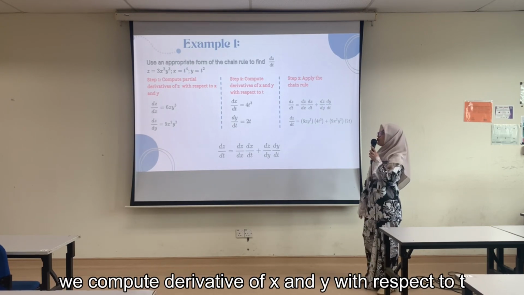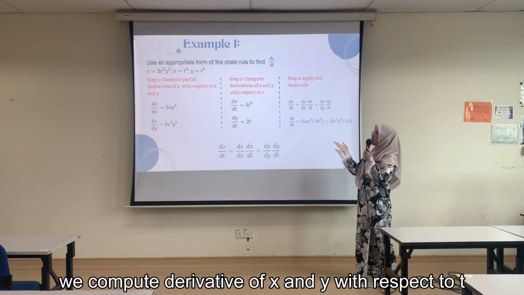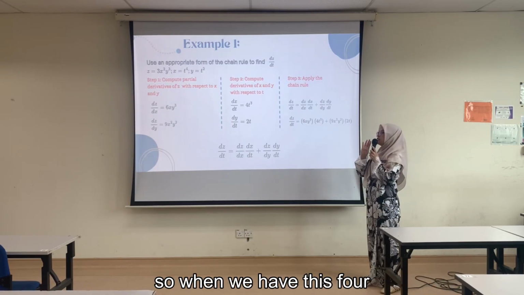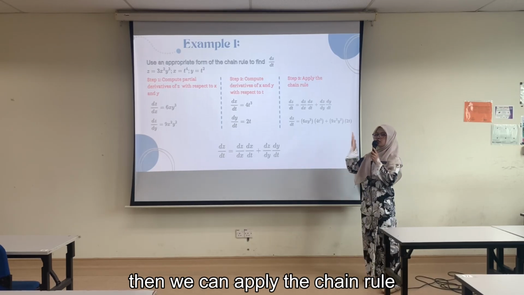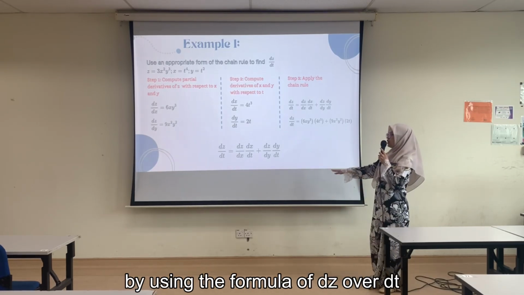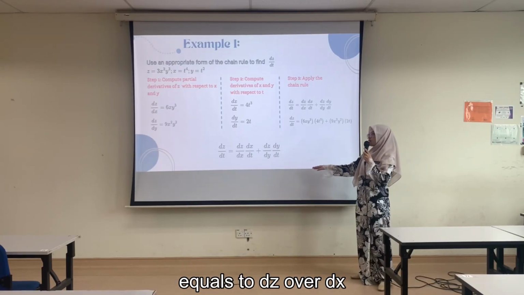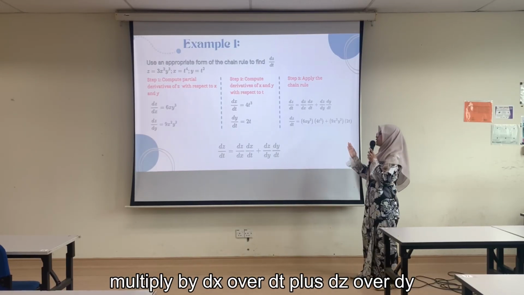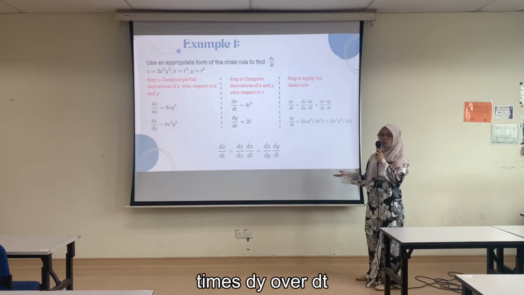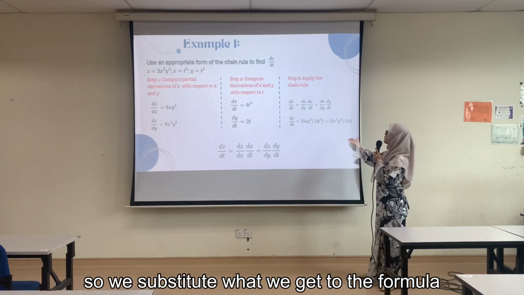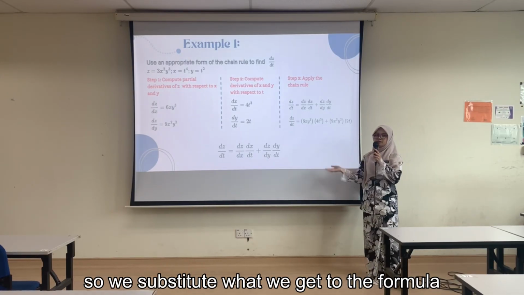Then we compute derivative of x and y with respect to t. When we have these four, then we can apply the chain rule by using the formula dz/dt equals dz/dx multiplied by dx/dt plus dz/dy times dy/dt. So we substitute what we get to the formula.